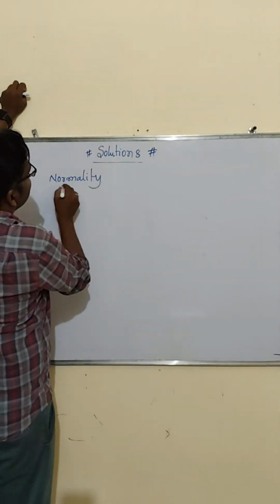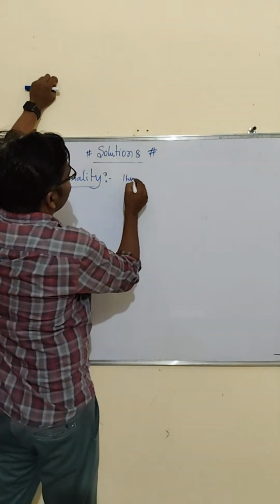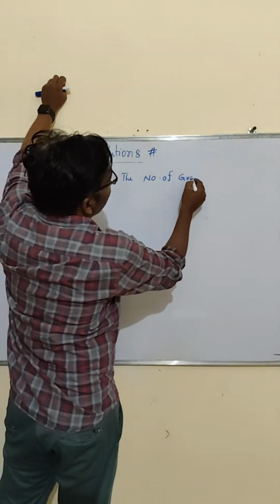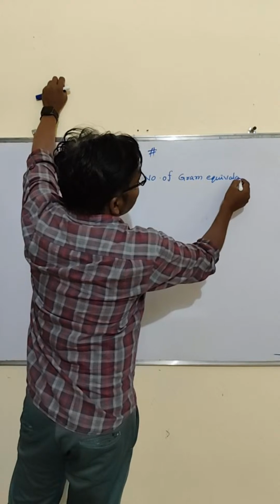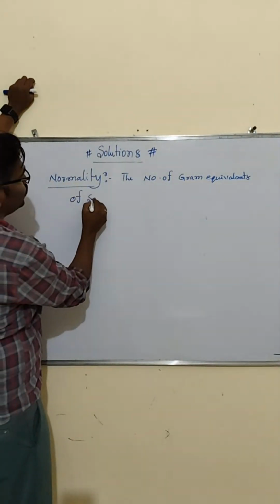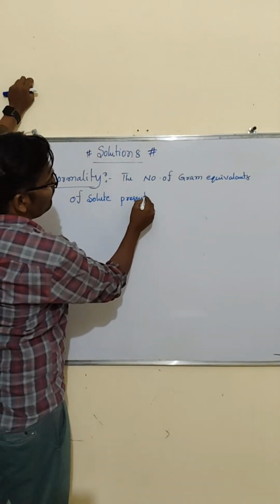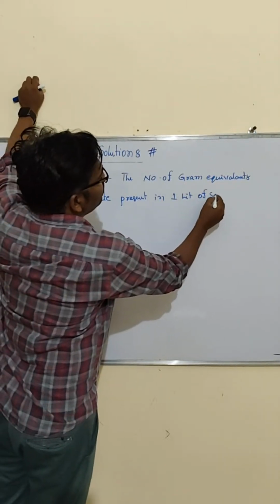Normality is nothing but the number of gram equivalents of solute present in 1 liter of solution.